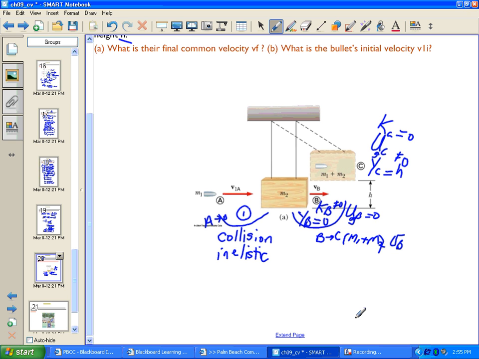Now, this situation here from B to C is conservation of energy with no non-conservative forces. So this is scenario number 2.